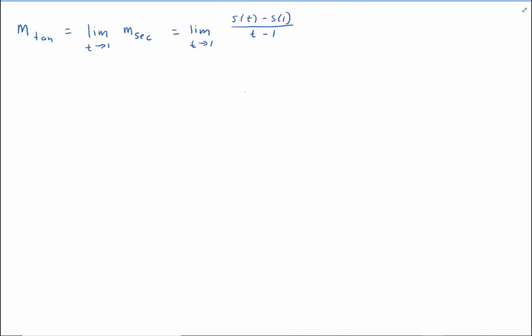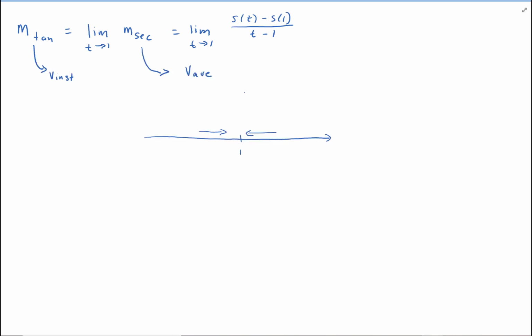So the slope of the tangent line is equal to the limit as t approaches 1 of the slope of the secant line. And we can replace the slope of the secant line with the equation s of t minus s of 1 divided by t minus 1. And just like the secant line slope defined the average velocity, the tangent line slope tells us the instantaneous velocity.